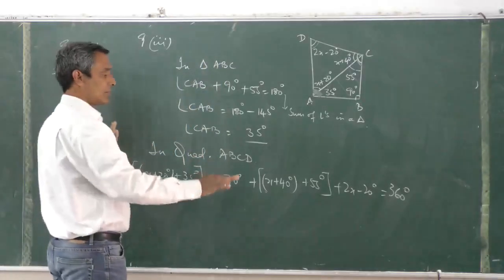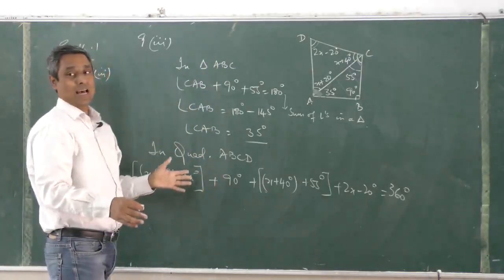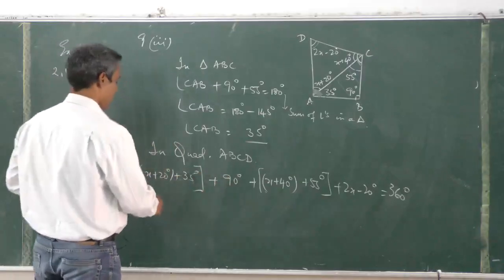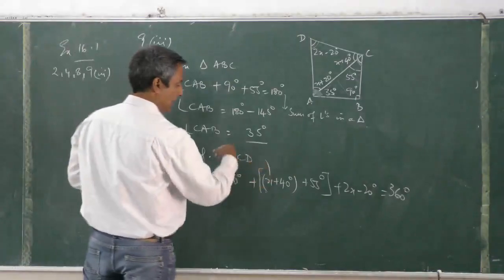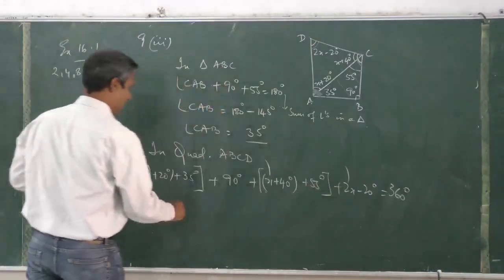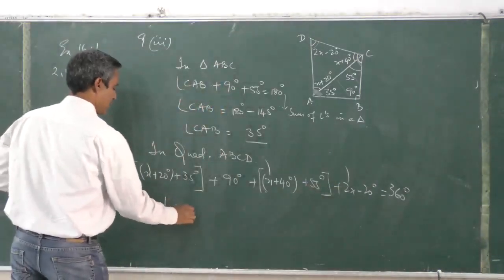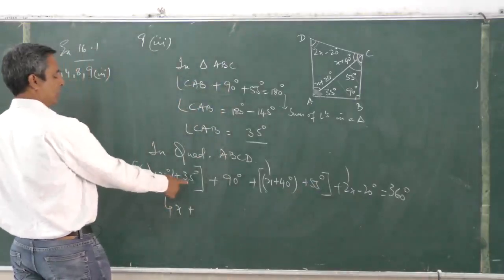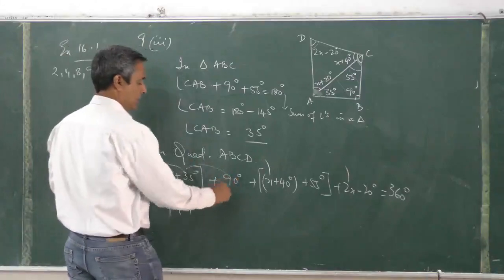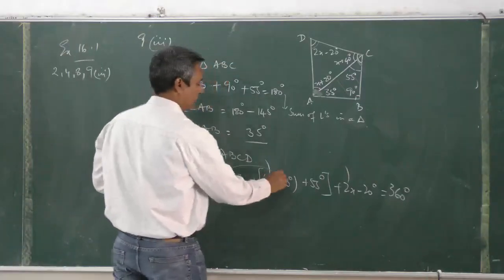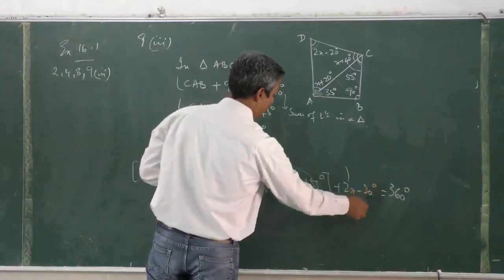Now let's solve it as an algebraic equation. Okay, I'm going to do it a little quickly. x and 2x, so that is 4x, plus 20 plus 35, 55 plus 90 plus 40 plus this minus 20.